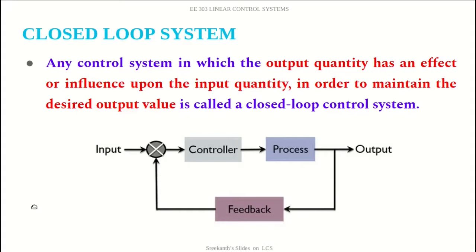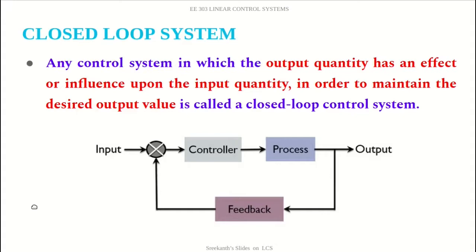If the washing machine varies the input, here the time for which it is run, such that it achieves the desired output, then such a system becomes a closed loop system.